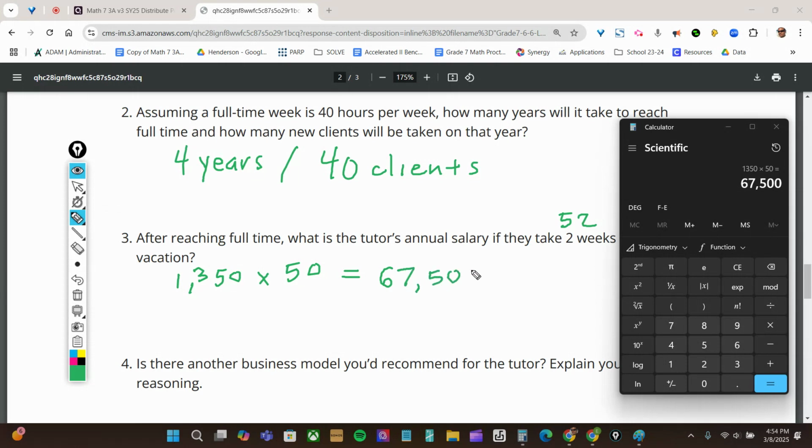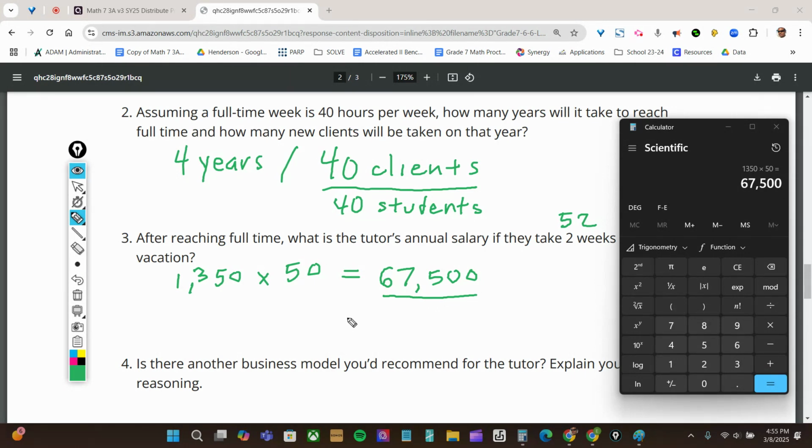Okay, that's crazy, y'all. That's crazy. You know that? Ask me why that's crazy, y'all. Because this calculation is on them having 40 clients, which is basically 40 students, and they're making 70,000.